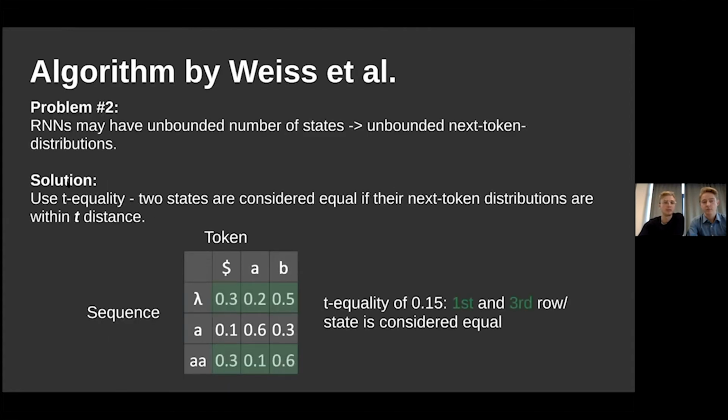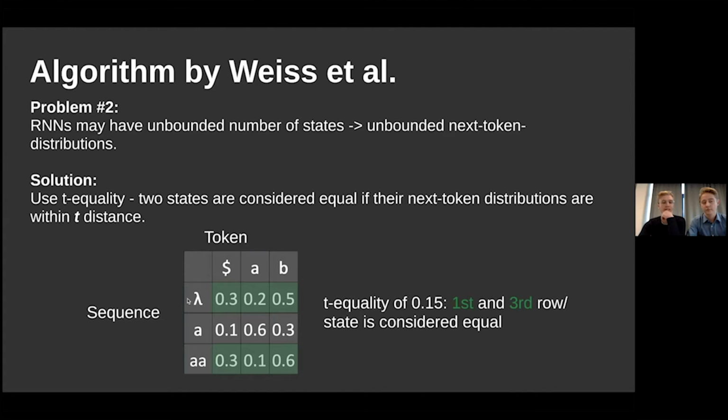Another problem was the unbounded number of states that the RNN has. So we would have an unbounded number of next token distributions. Weiss solved this by using a form of T equality. Here, 2 states are considered equal if their next token distributions are within T distance.